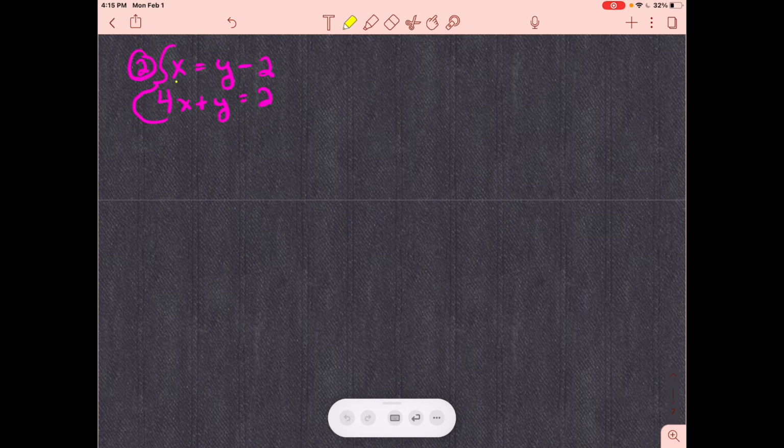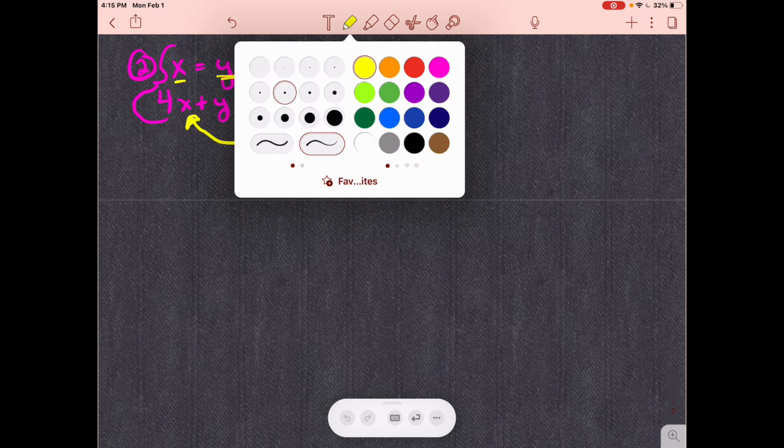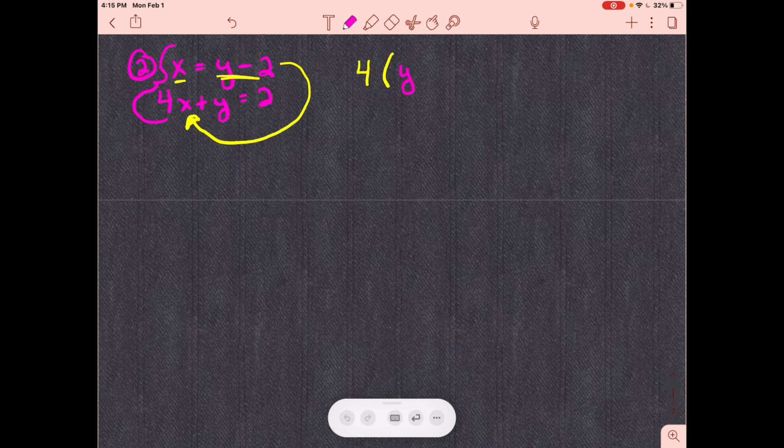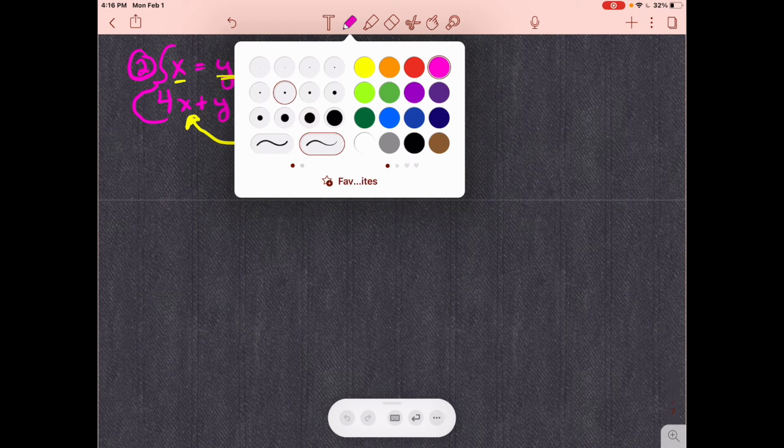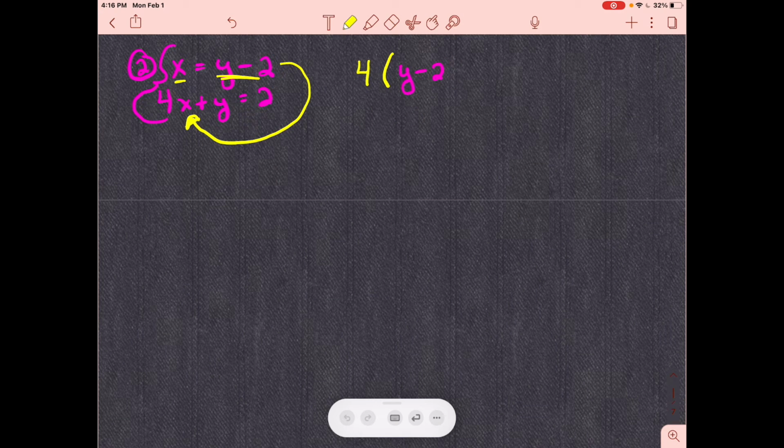All right, x equals y minus 2. And so I'm going to take this y minus 2 and I'm going to plug it in the other equation for x. So now I have 4 times y minus 2, because that's the same thing as x, plus y equals 2.